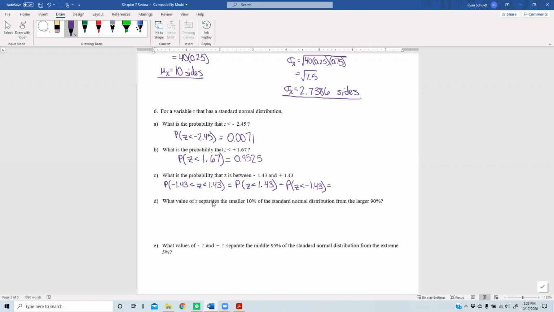So if I pull these values straight from my normal table, I get 0.9236 minus 0.0764, which altogether gives me 0.8472.